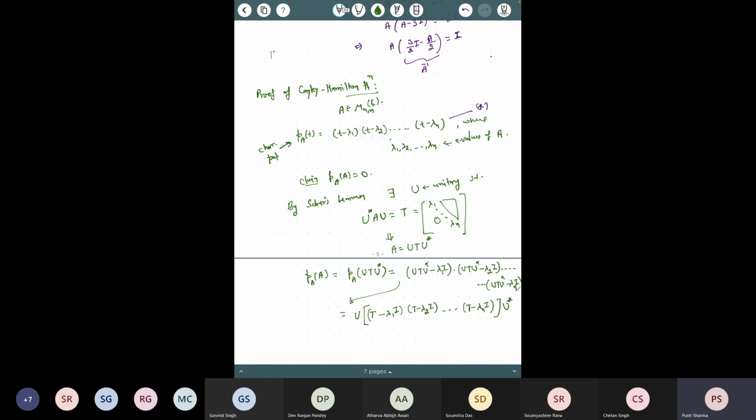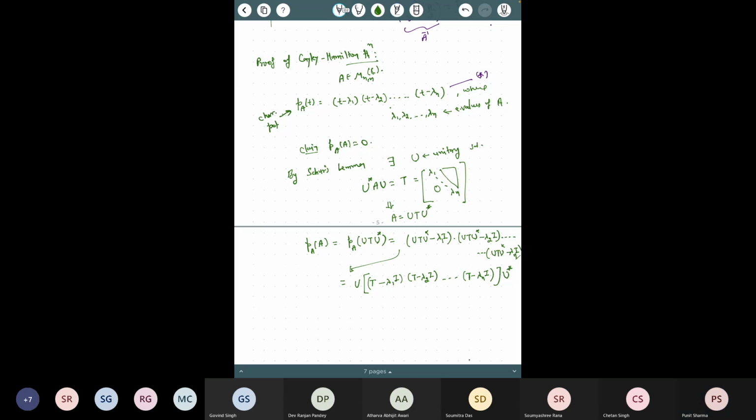Can you tell me why this is true? How can I write from this to this? You can write I as U U star and then take the common factors out of each factor. Yes, just use the property that U is unitary.